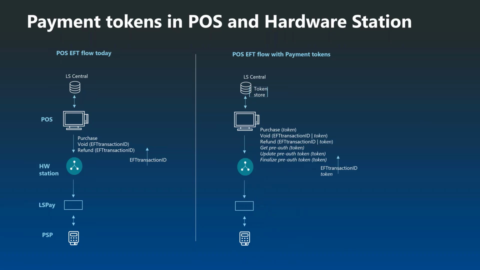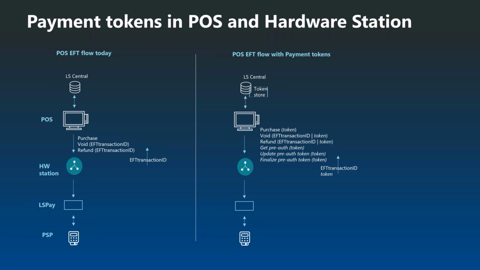Now with the addition of payment tokens, the POS will be able to use the tokens in the EFT functions, and new EFT operations will be supported, like getting a pre-auth token, updating a pre-auth token, and finalizing a payment transaction using a token.